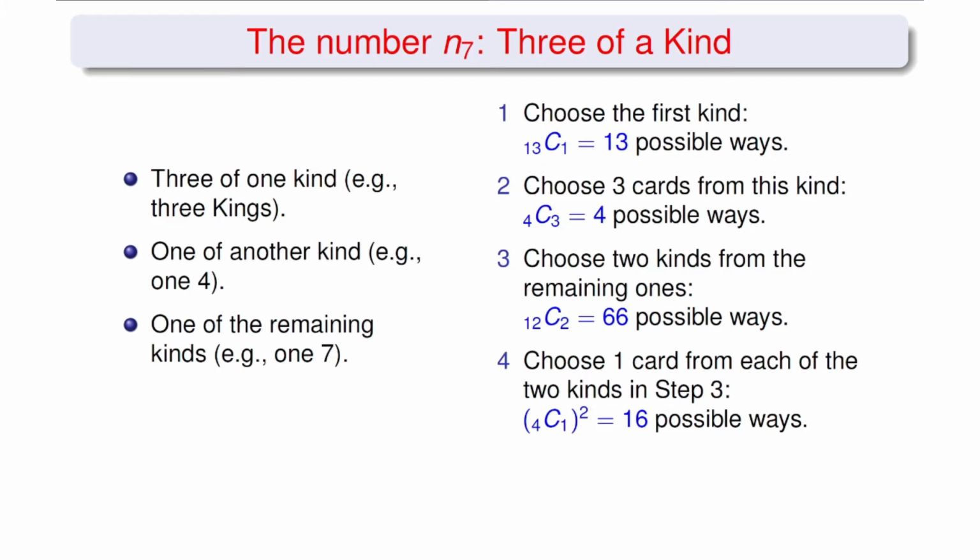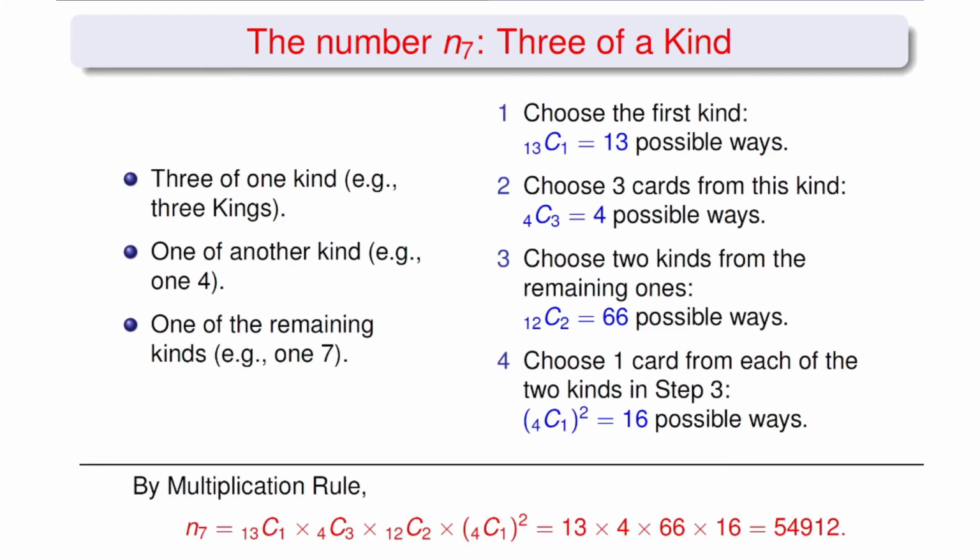Now, by multiplication rule, all right, so our N7 equals 13 choose 1 times 4 choose 3 times 12 choose 2 times 4 choose 1 raised to power 2, which gives us 54,912. Okay, that is, there are 54,912 possible poker hands which are 3 of a kind.